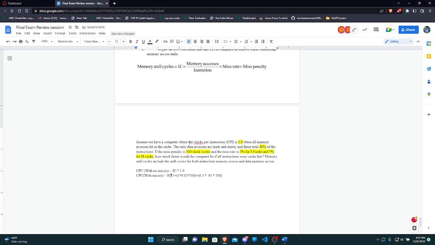If you add all of this together, you should get CPU with misses as IC times 9. So in the grand scheme of things, our CPU is 9 times faster without misses. So I guess that's all I wanted you to solve for.